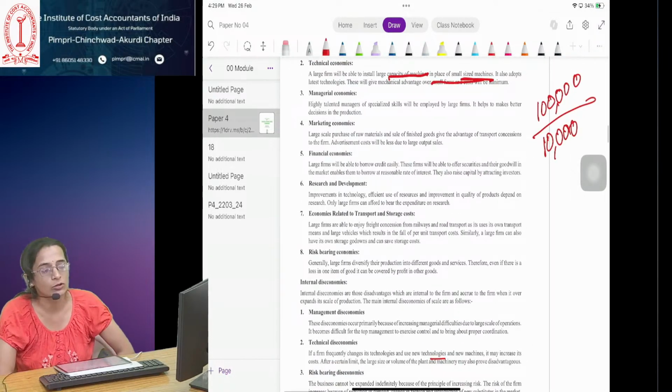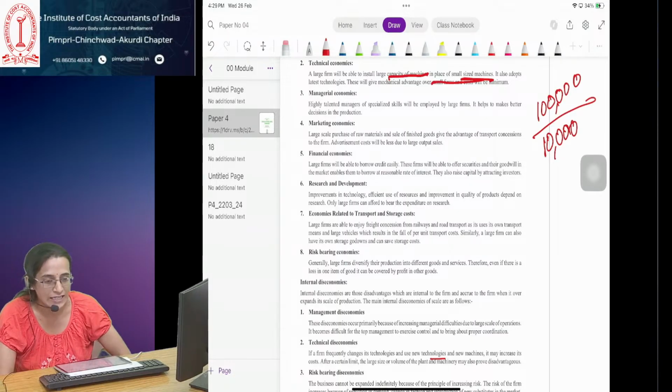Economies related to transport and storage. See, if it is a large organization producing on a large scale, it will have its own storage godown where it can store and provide the raw material. So the storage cost ultimately again will get reduced, because outsourcing it to a different person, he will take a large amount from us.